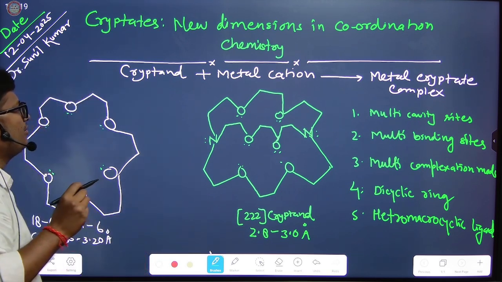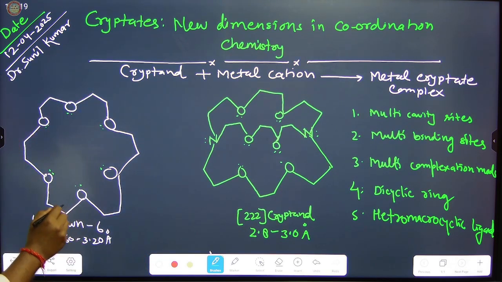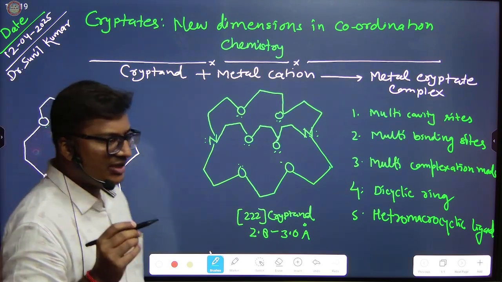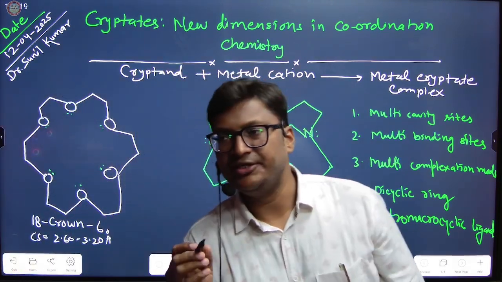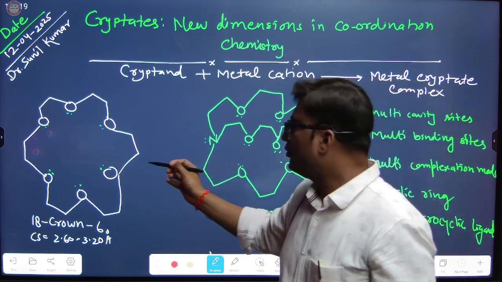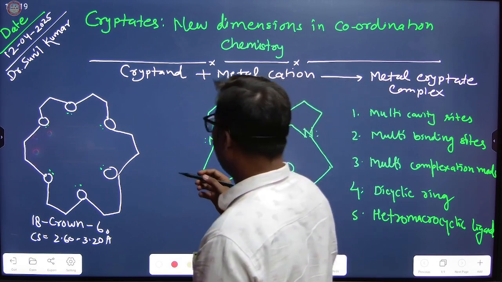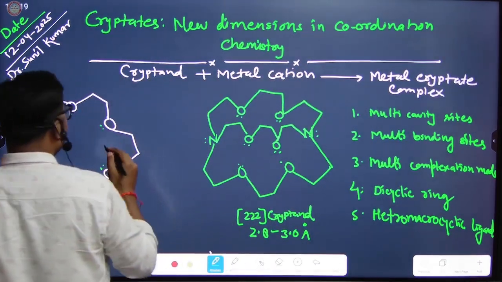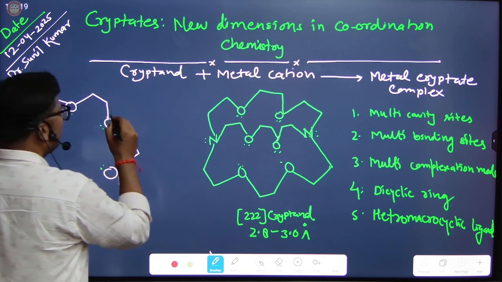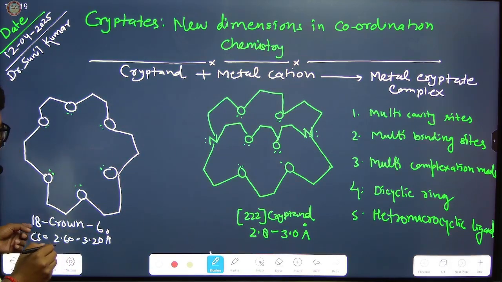if you are talking about the crown ethers, so crown ether, as you know previously, is a macrocyclic ligand. So it has a monocyclic ring, right? So this is actually 18 crown 6.